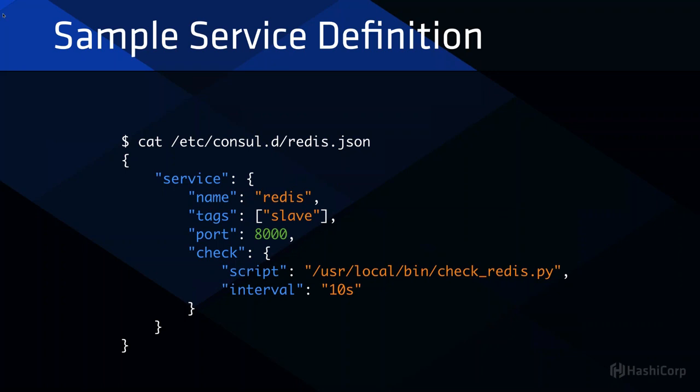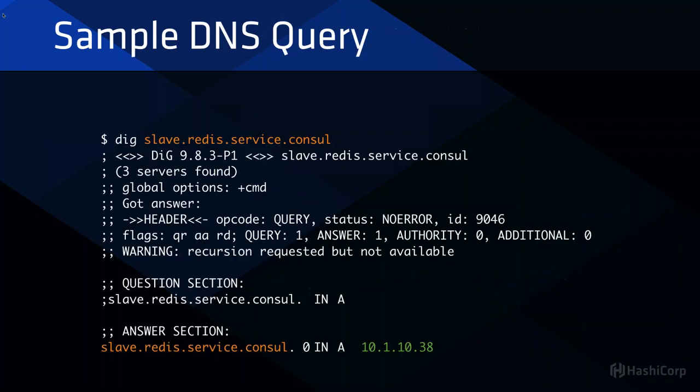So say that this has been registered with Consul. How does some other piece of software in your cluster figure out where Redis is? Here's an example of the most basic integration, and that's through DNS. So we can look up slave.redis.service.consul.